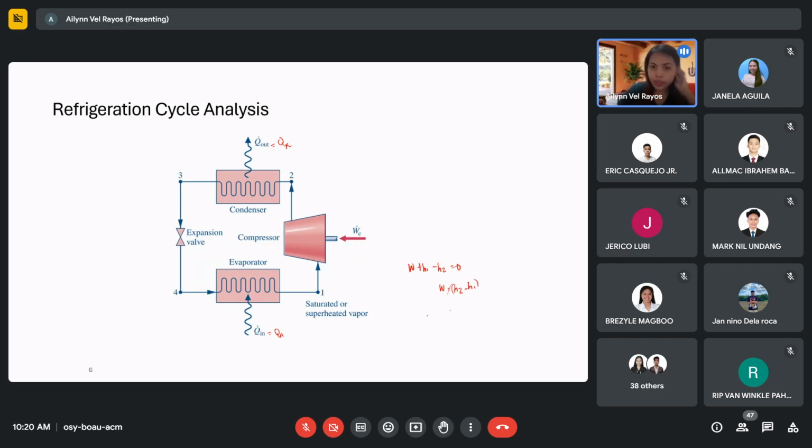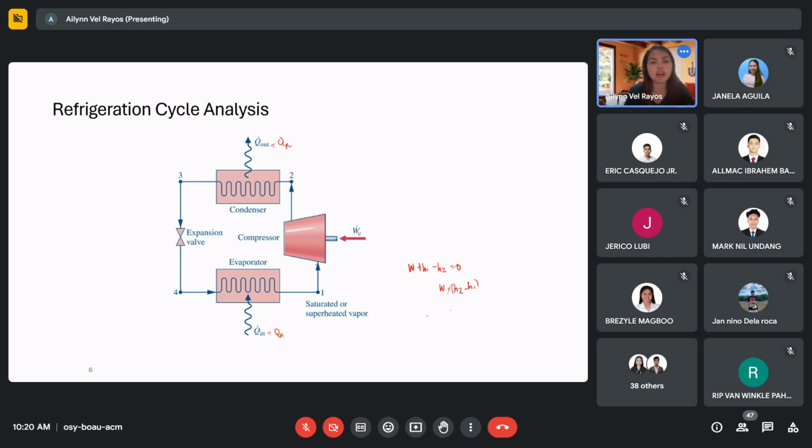So, to get yung work natin, we can have an energy balance in terms of enthalpy. To get the formula. To get work. So, ganun pa din, energy balance, kagaya ng diniscuss natin for reverse Carnot, no? Ito naman energy balance sa ating compressor. In terms of enthalpy. So, work natin is papasok, H2 natin is palabas, H1 natin is papasok.